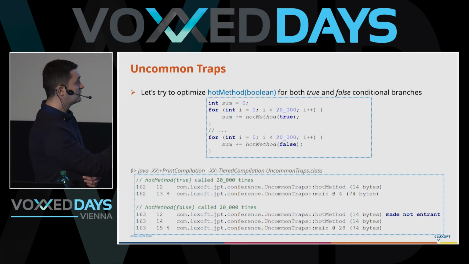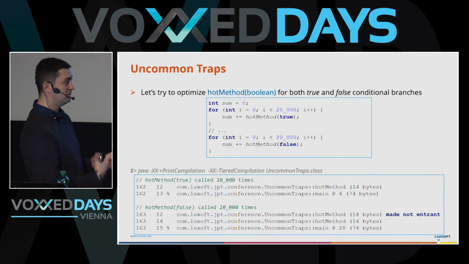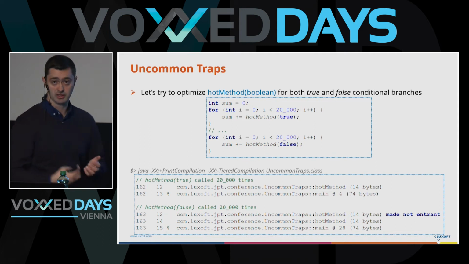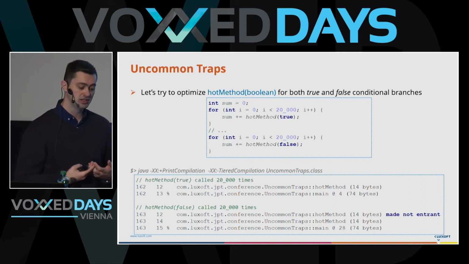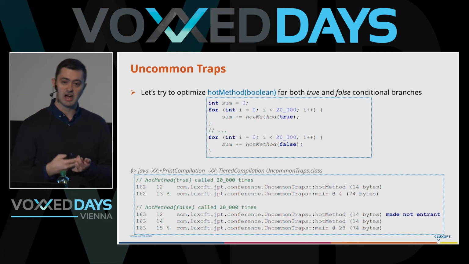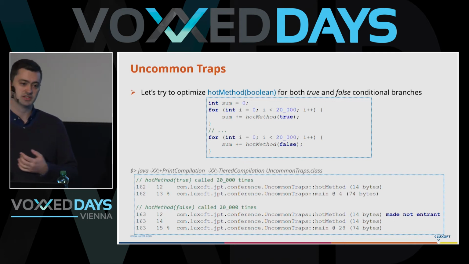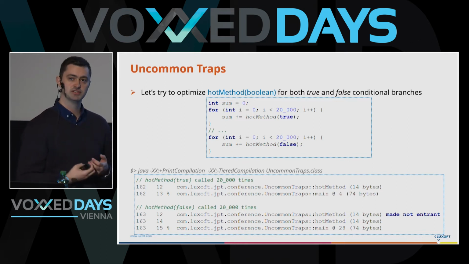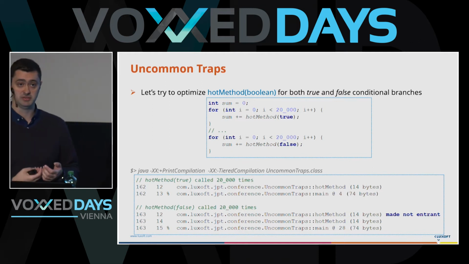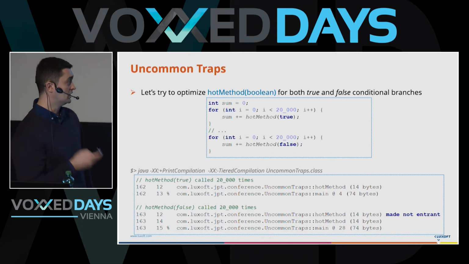And when we triggered the hot method just once with false, it became not entrant, but because we have this long-running loop in here, it became again optimized, and it was compiled, and as well it triggered again the compilation for the main method. So as you can see, during the runtime, if you are using the C2, there are a lot of optimizations and deoptimizations. The just-in-time compiler is eager to do a lot of assumptions just to make better optimizations for our code.